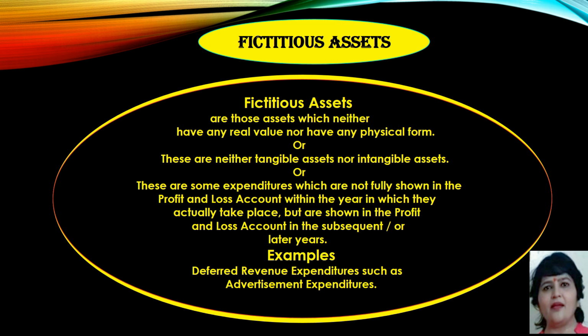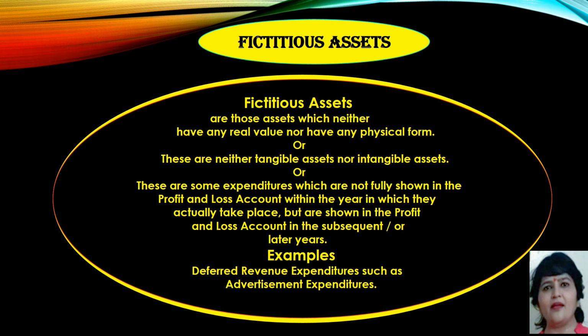So the amount was big, but its benefit will be availed over a period of time. Hence it is said these are the assets which have no real value, which have no physical form, and that's why they are called deferred revenue expenditure. Expenditure, the amount which has been incurred. By incurring the amount on the expenditure, revenue will come. Something will be received, but deferred means it is delayed.